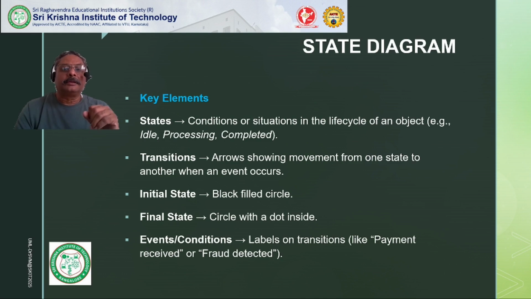The events and the conditions are the labels on the transitions, like payment received or fraud detected. So when a payment is received, the state of the object changes from one state to another, so there is an arrow shown from that state to another state, and along the arrow a label is given like payment received and so on.